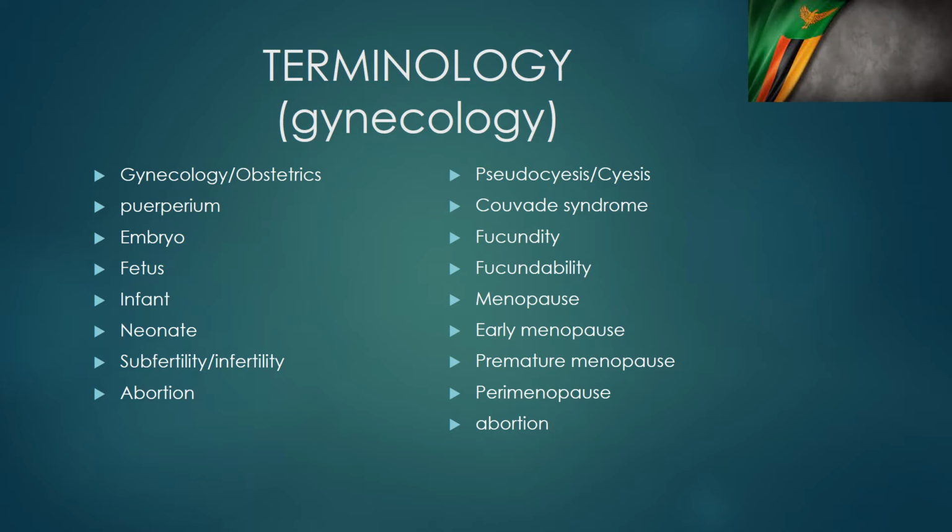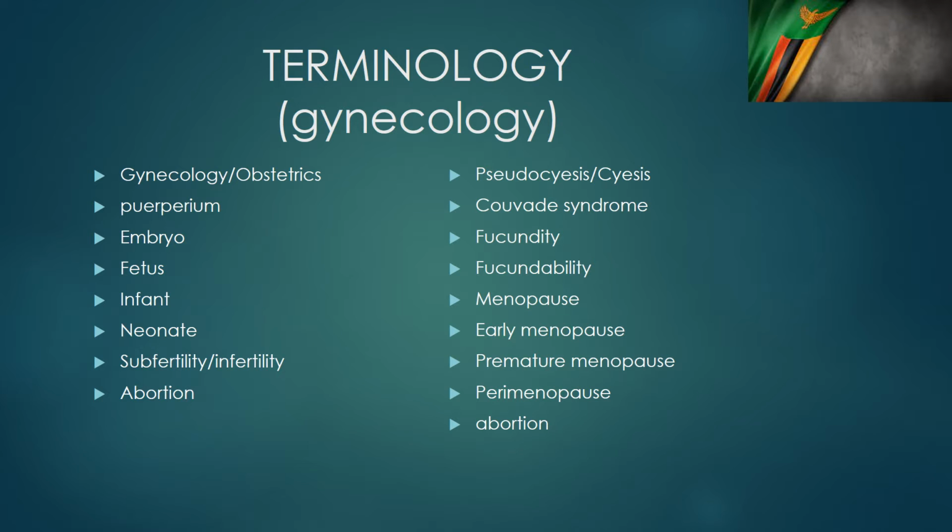We have fecundity. We can start with fecundability. So fecundability is the probability of achieving a pregnancy in one menstrual cycle. So what is the probability that a woman can have a pregnancy just in one menstrual cycle?